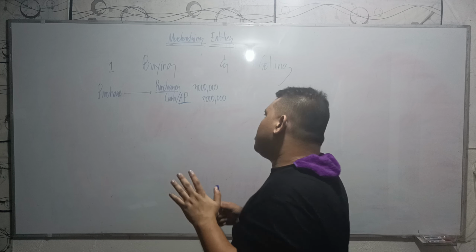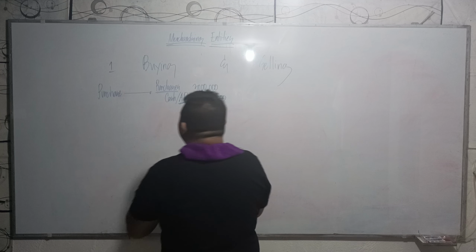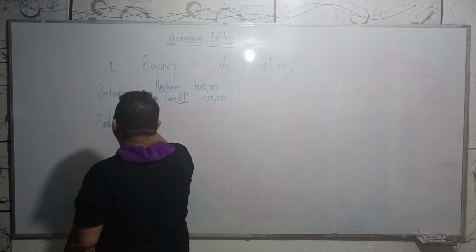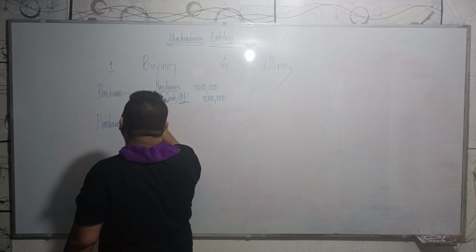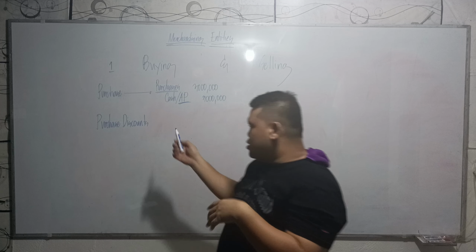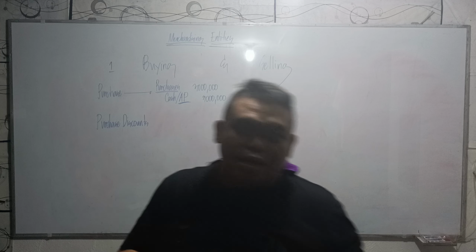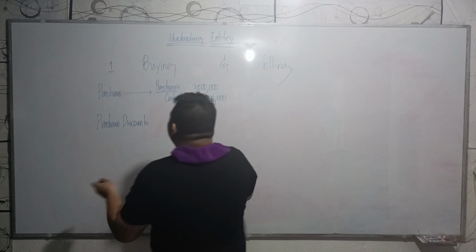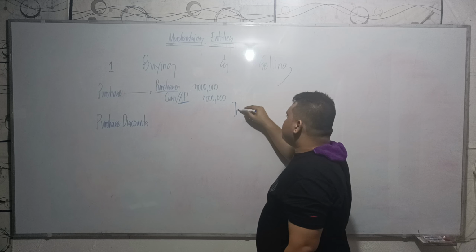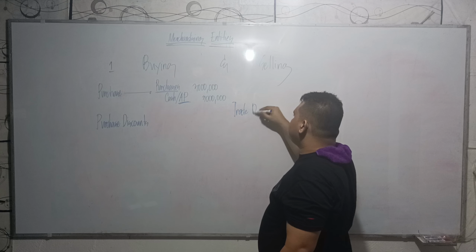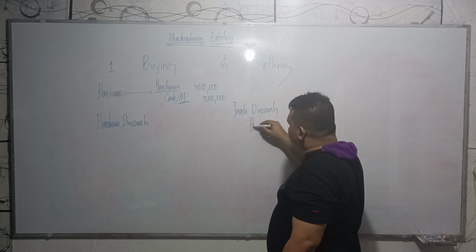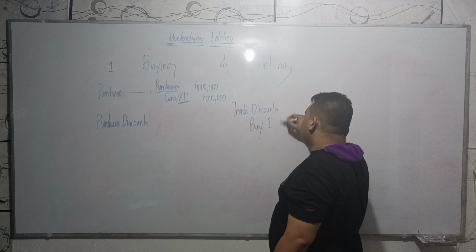The first twist is purchase discounts. What are purchase discounts? In merchandising, we have two types of discounts. The first type is trade discounts. An example of a trade discount is buy one, take one.